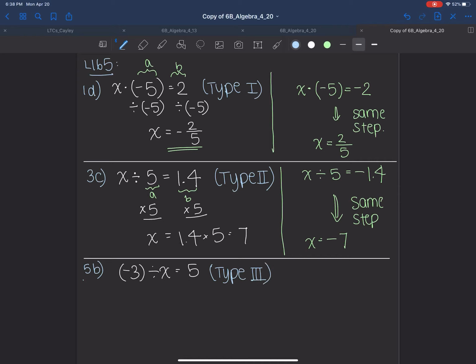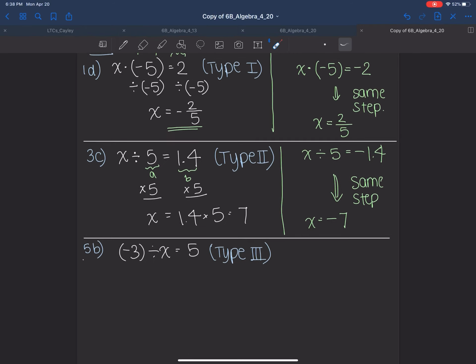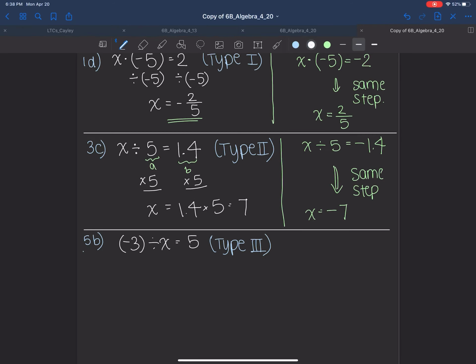And an easy way to identify that is because x is being divided. If we wrote this as a fraction, it would show up in the denominator. So we want to move this to the numerator as soon as possible. We're going to multiply both sides by x first. So now we have minus 3 is equal to 5 times x. And then dividing both sides by 5, we get x is equal to minus 3.5.